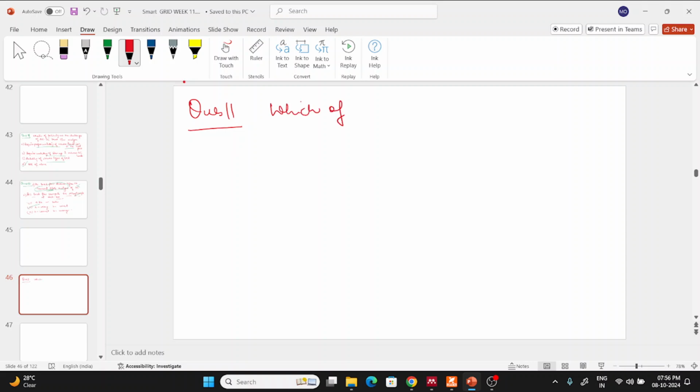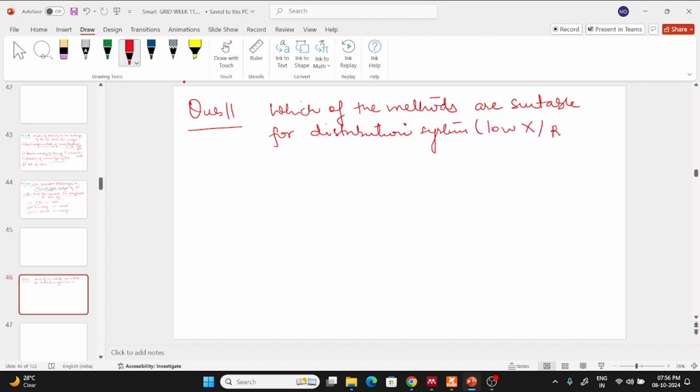Which of the methods are suitable for distribution systems, meaning low x by r? A: Newton-Raphson. B: Gauss-Seidel.